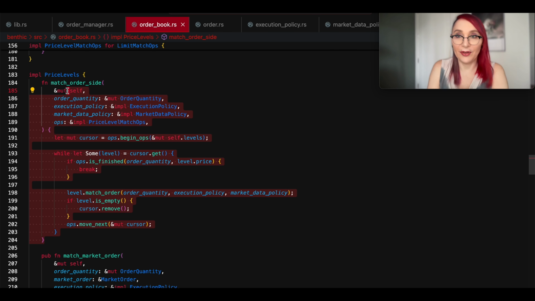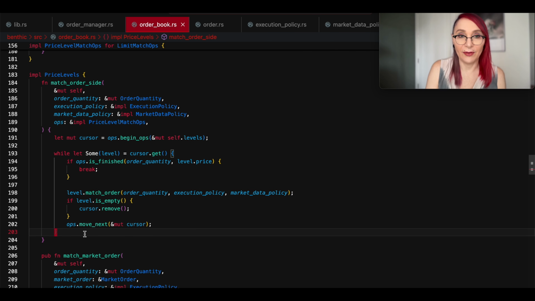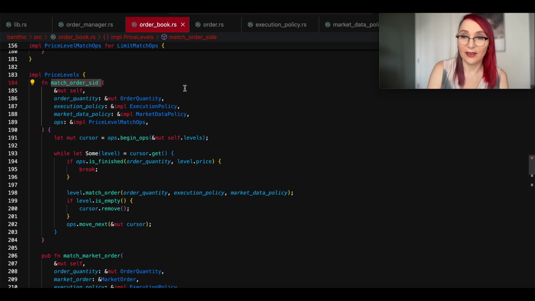And this is our unique matching function. We don't repeat the code, okay? So we have this ops here, price level match ops. This is a trait. And by using this trait, I allow myself to have just one match function, which works for both sides of the book, okay? And it also works for any type of an order, okay?